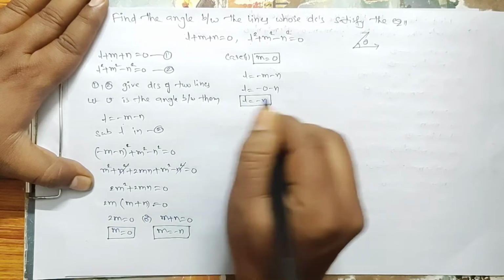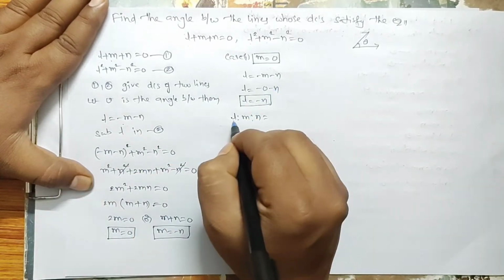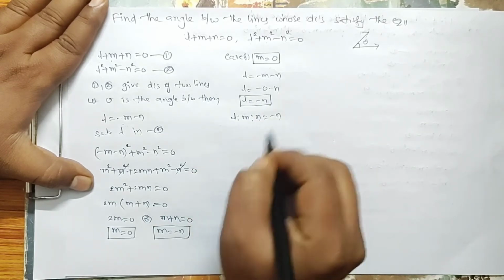Now take the ratio L is to M is to N, expressing L, M, N in terms of N only.